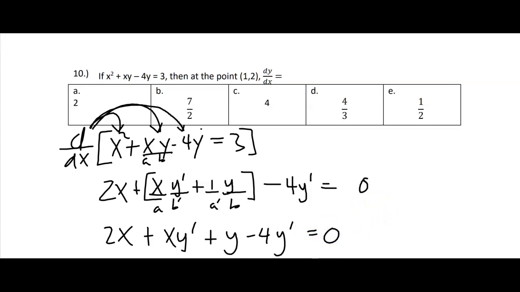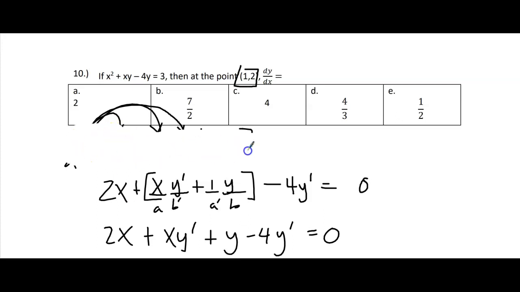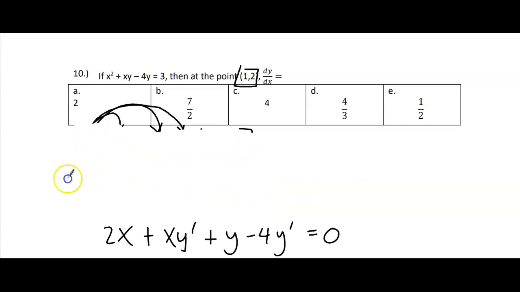Now, at this point, the way we've done it before is you get the y prime by itself, but actually you could just go ahead and plug these numbers in now for x and y, not for y prime though, just for x and y, and you could solve for y prime. I think I'm going to stick with the old way though and just get the y prime by itself first. So let's do that. But you could plug the numbers in first and then get y prime by itself.